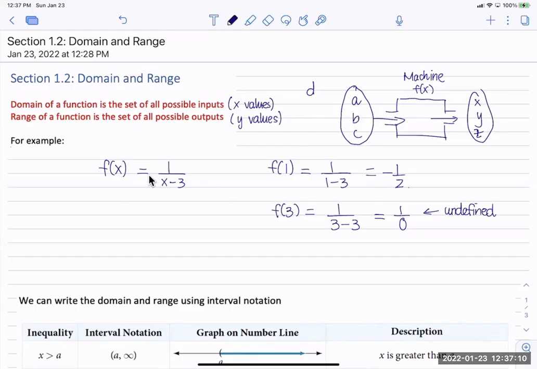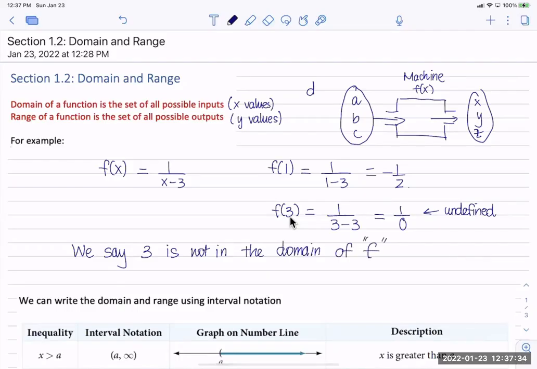This function can accept any number like 1, 2, 5, 6, 7, 8, 9, negative 1, 2, 3, except this number. So we say 3 is not in the domain of f.